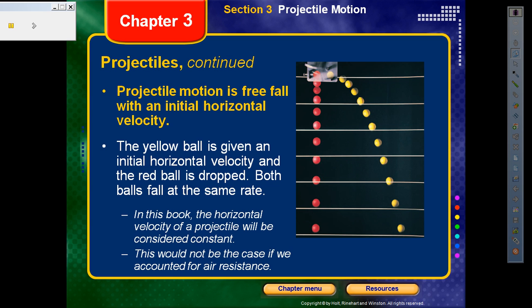Now I want to do a little demonstration for this one. I'm going to need somebody to sit there. Best place to see it. You guys done writing?